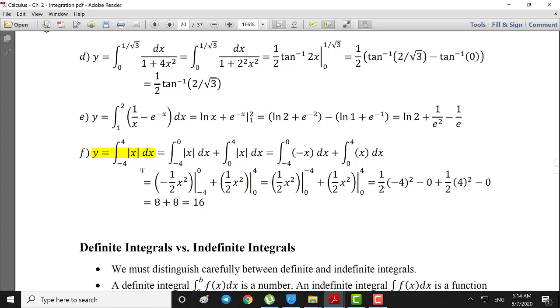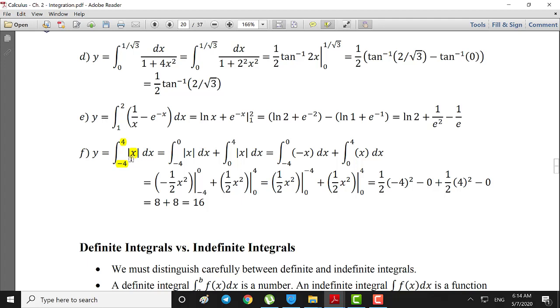But we know that we can determine the behavior of this absolute value function for different values of x. And here we see that x is changing from minus 4 to 4.